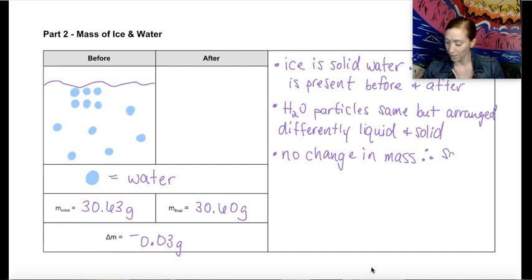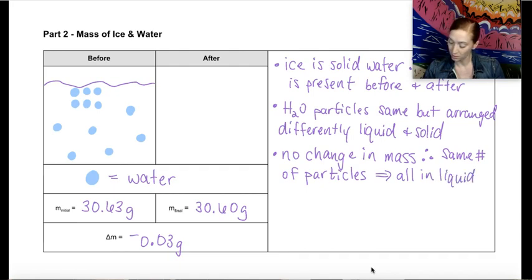So we're going to have the same number of particles. The difference is after they're all in the liquid form. Okay, so my after picture, I'm going to draw another little squiggle.